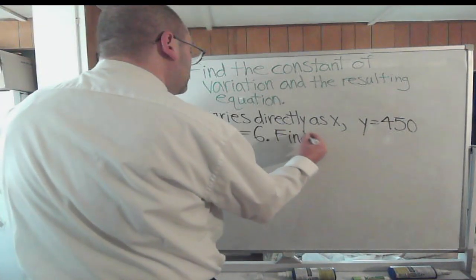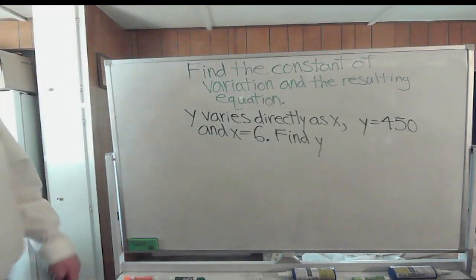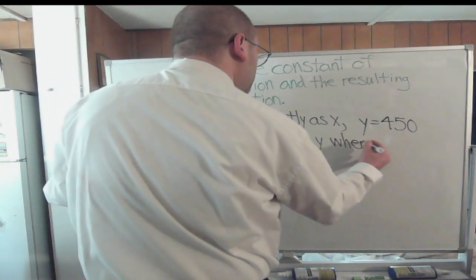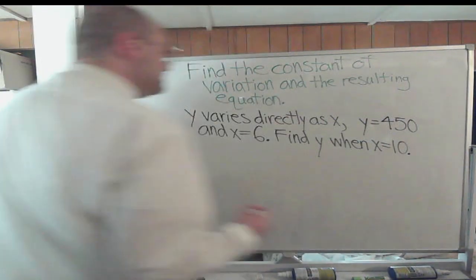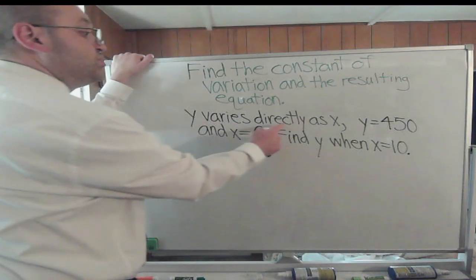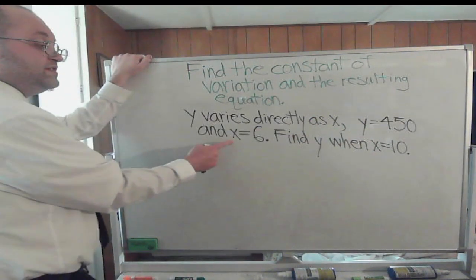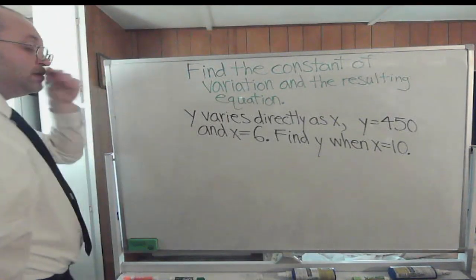Find Y when X equals 10. Alright, this one seems a little more loaded. We have Y varies directly as X. They give you Y equals 450 and X equals 6. Then find Y when X equals 10.